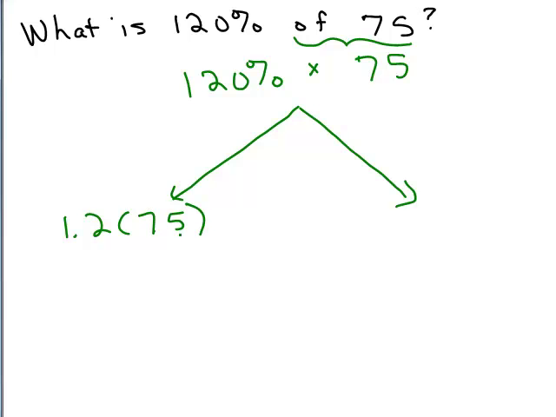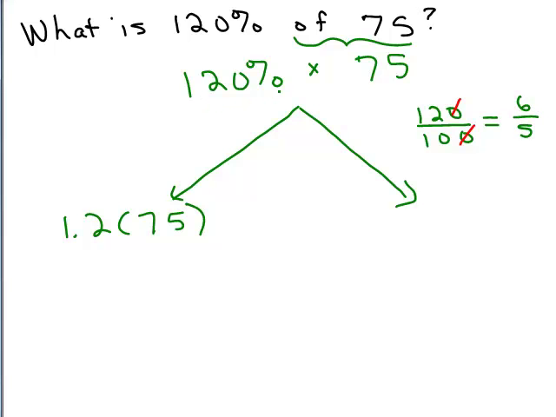If you're going to do it in terms of fractions, you can change 120% to a fraction by doing first 120 over 100 and then reducing that. You don't have to reduce first, I just find it easier. So if I reduce that, the 2 zeros I could cancel off because that's like dividing by 10, and then if I divide the top and bottom by 2, I have 6/5.